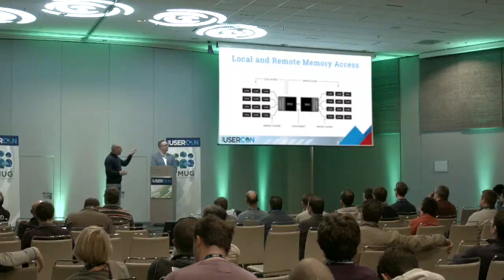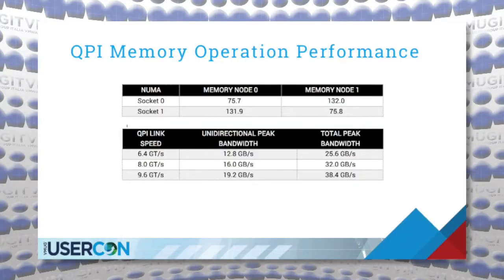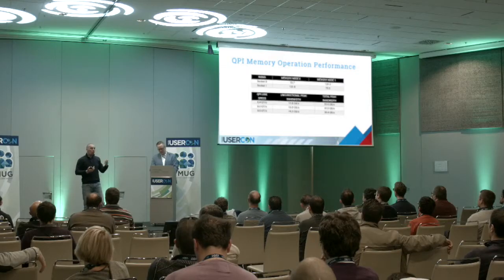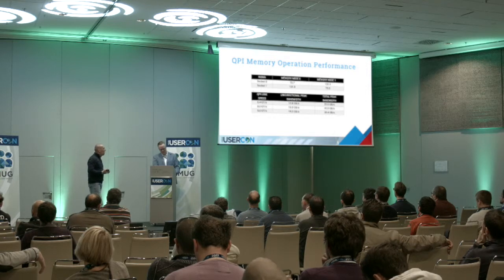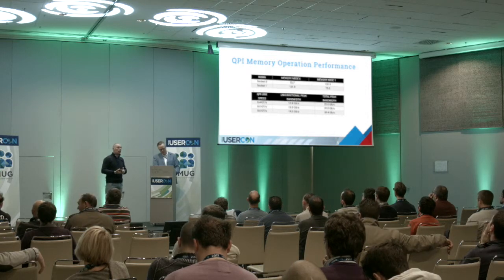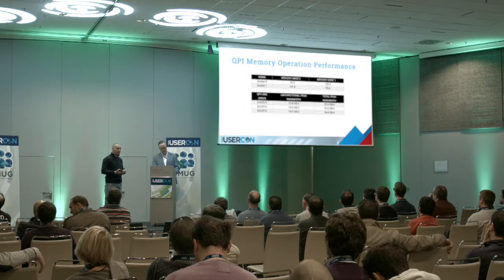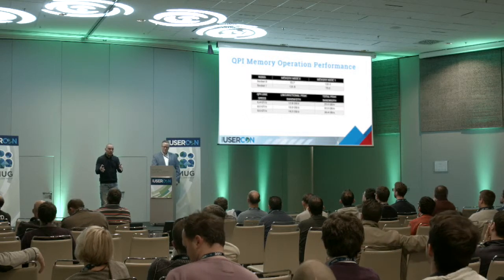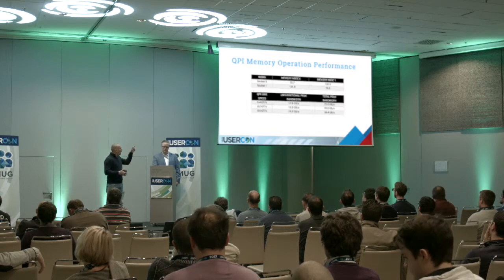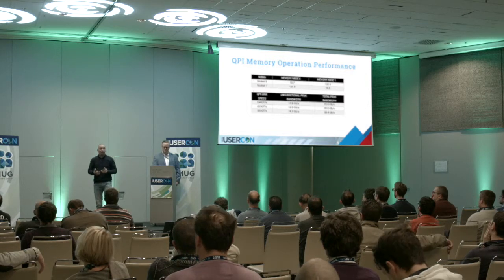So why is that? We did some testing when we wrote the book, and we noticed that if a workload is running on socket 0 or CPU 0, and it communicates to its local memory, you see a latency of roughly 75 nanoseconds. But if it starts to talk to the remote memory, while still in the same system, it is roughly about 130 nanoseconds.